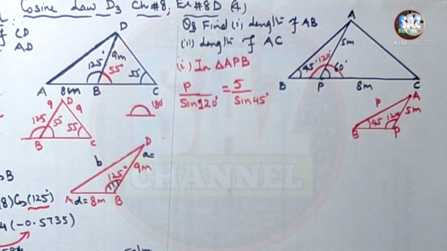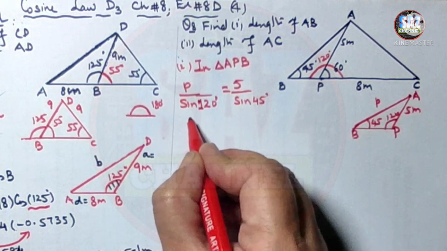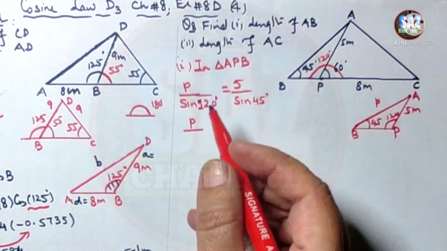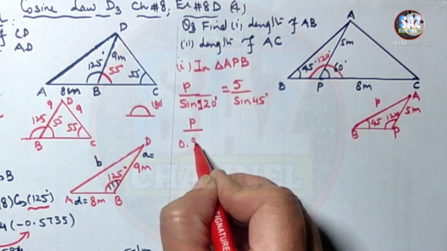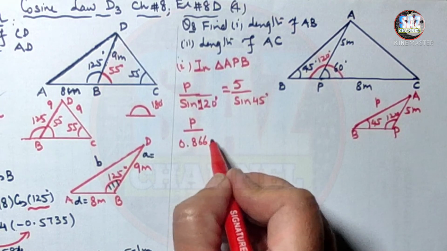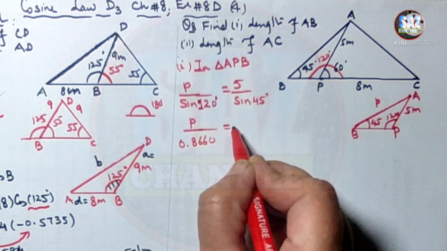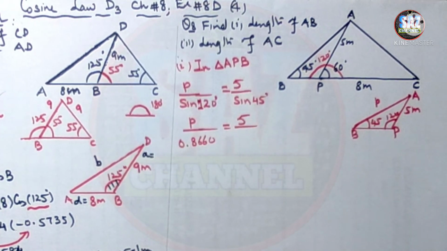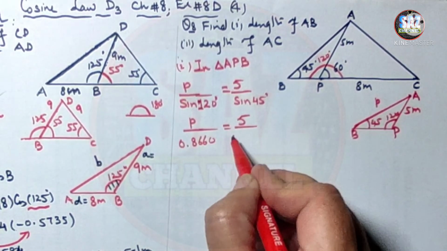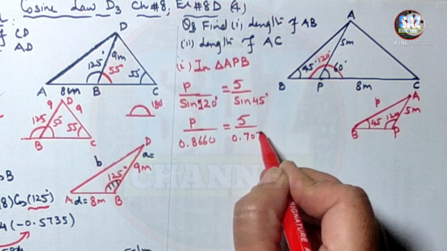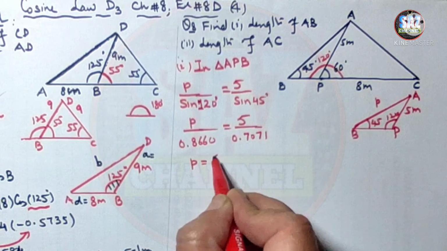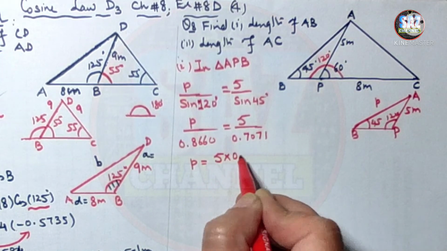Now P upon sine 120 degrees, sine 120 degrees is 0.8660, equals 5 upon sine 45 degrees. Sine 45 degrees is 0.7071.